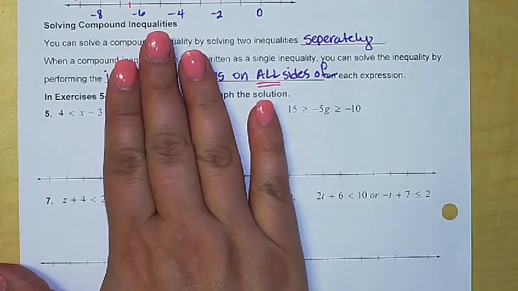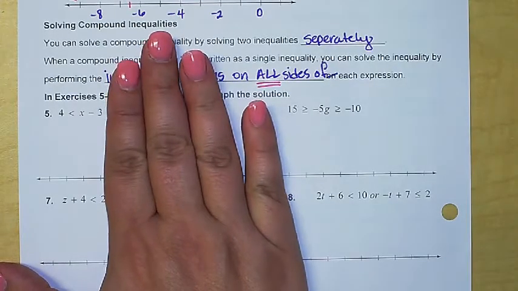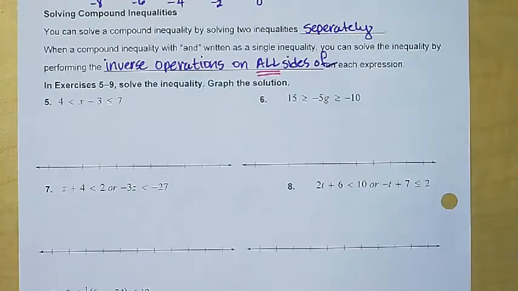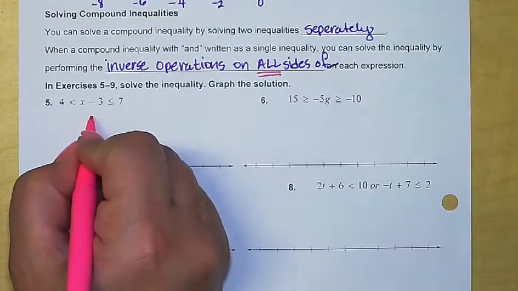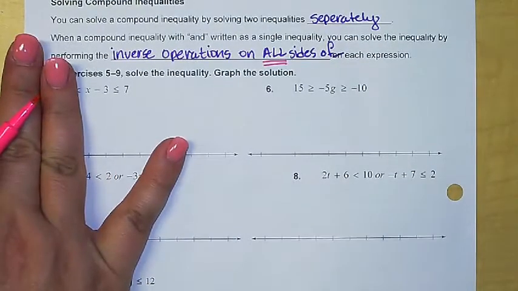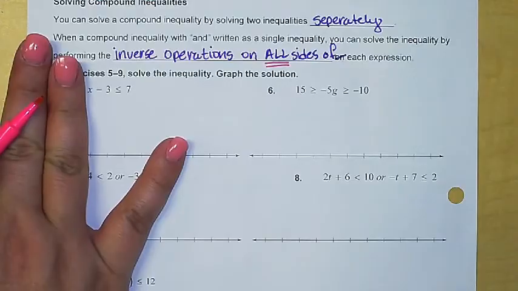So I want y'all to think about this real quick. If I were solving just this left side, and I wanted to solve this for x, then to isolate x, I would have to add 3 on both sides, right? So on this side, I would have to do +3 here and +3 there. If I were solving this side independently, I would also have to add 3 on both sides to get x by itself.